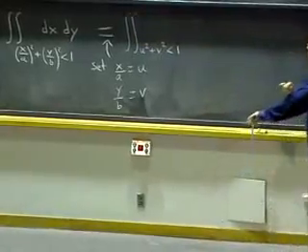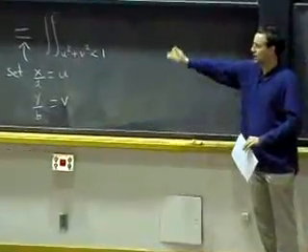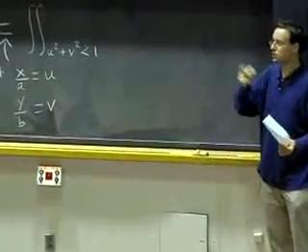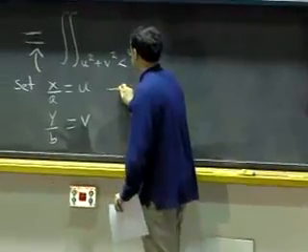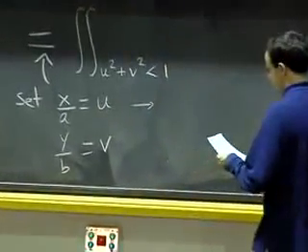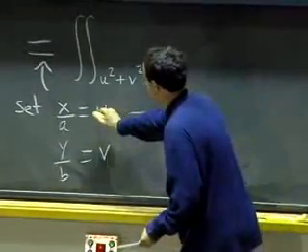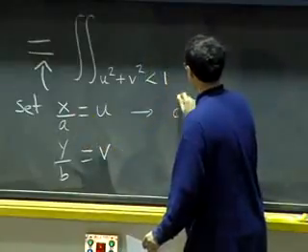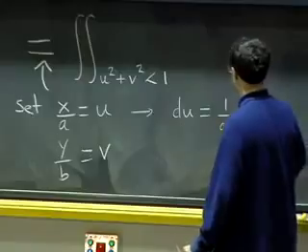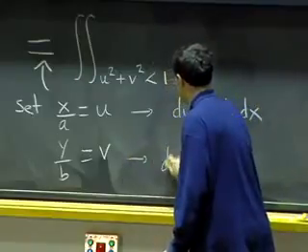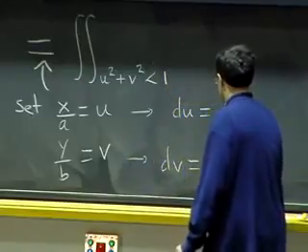Here the answer is pretty easy because we just change x and y separately. We do two independent substitutions. If we set u equals x over a, that means du is 1 over a dx. And here, dv is 1 over b dy.